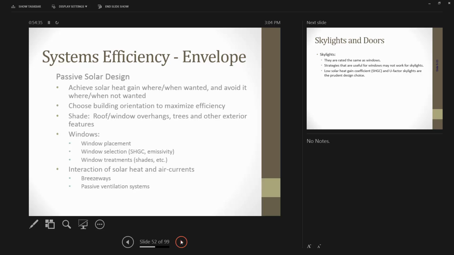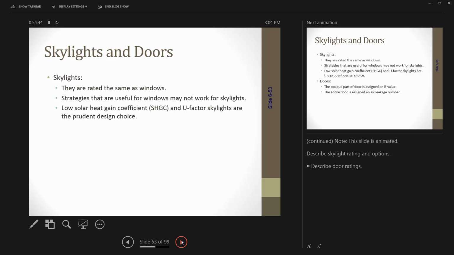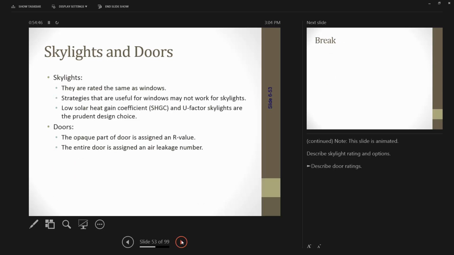You can do it simplistically with vegetation. But where you put the windows in the thermal envelope and how you install them is significantly important. Skylights and doors, anywhere we've got a hole into the building envelope is a weak point.